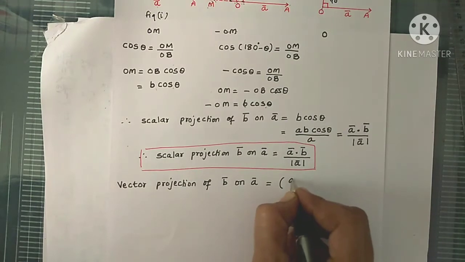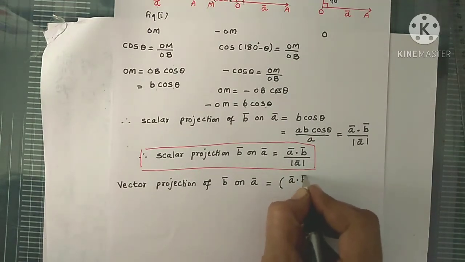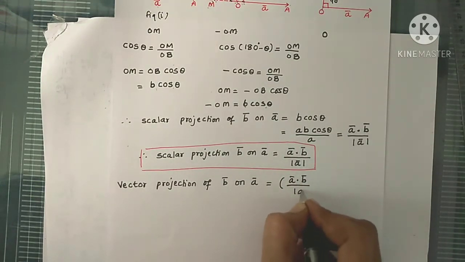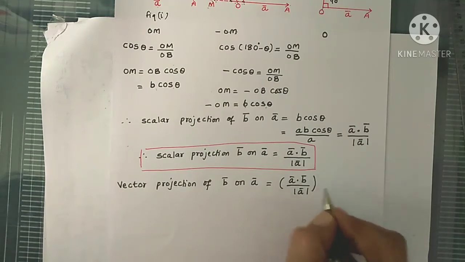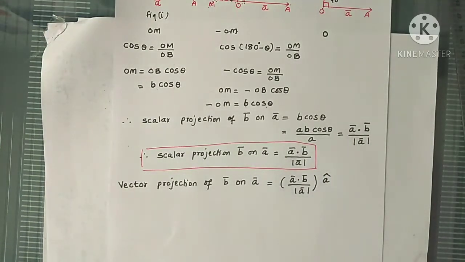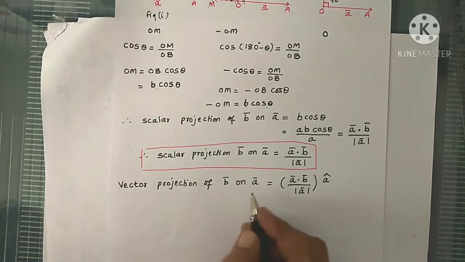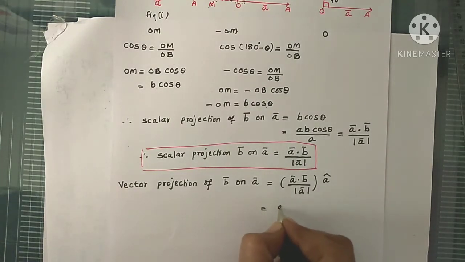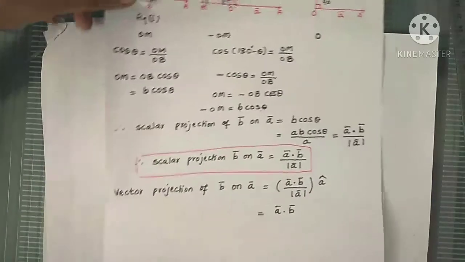That means A bar dot B bar upon modulus of A bar, multiplied by, as it is on A bar, A cap, where A cap is the unit vector along A bar. So it is scalar projection multiplied by the unit vector along A bar. The unit vector along A bar is A bar upon modulus of A bar.